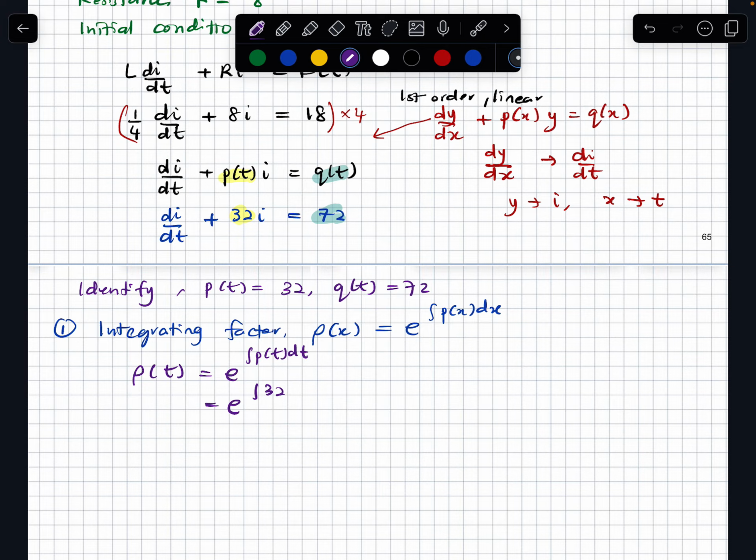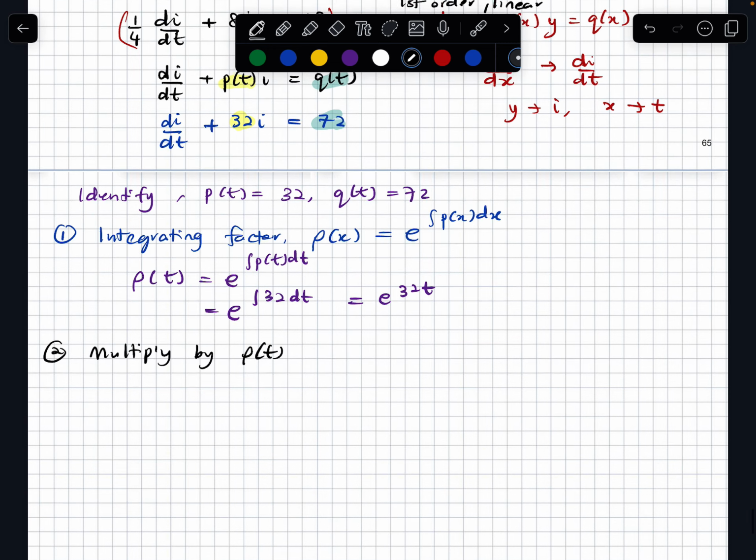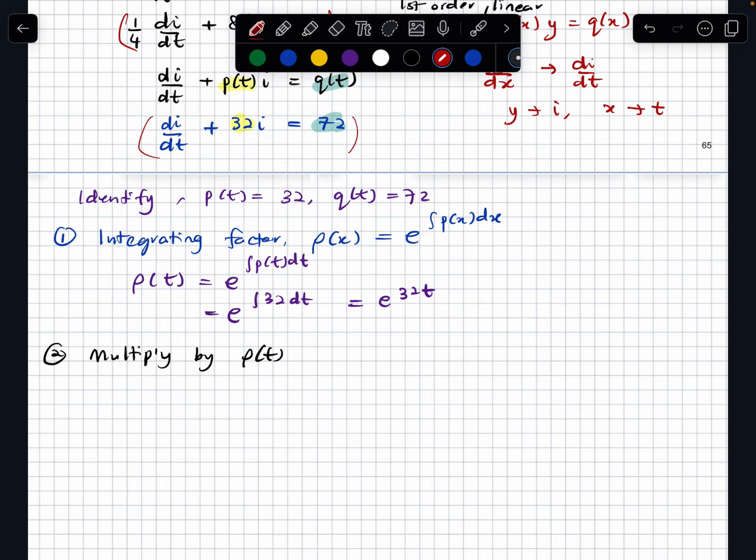Your p is 32. So the integrating factor is just e^(32t). Step number 2, multiply the entire equation by rho(t), which is e^(32t). Now you obtain this equation.